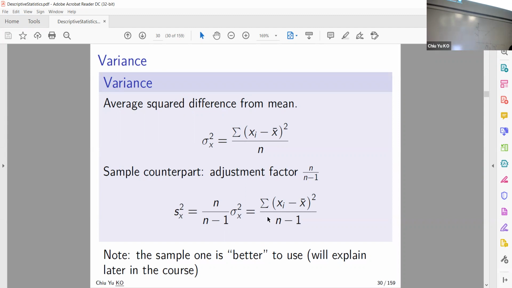Variance is what? Variance is basically about how each data point is different from the mean, right? So you can easily imagine that for each observation, I calculate the distance from the mean, because it's how far from the mean, how dispersed. And then add up all the distances. That's the most direct way, right?